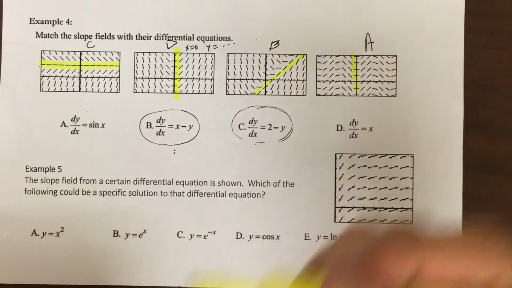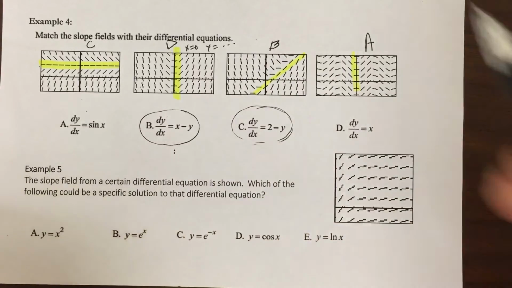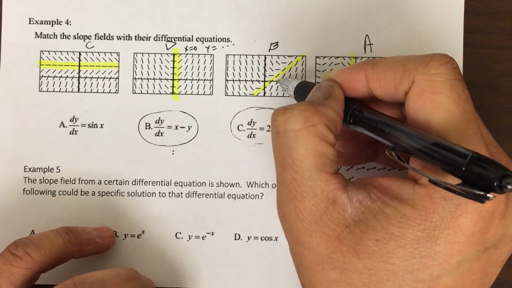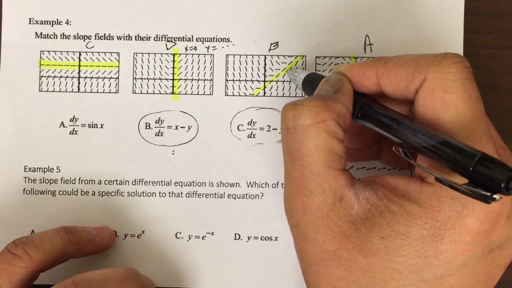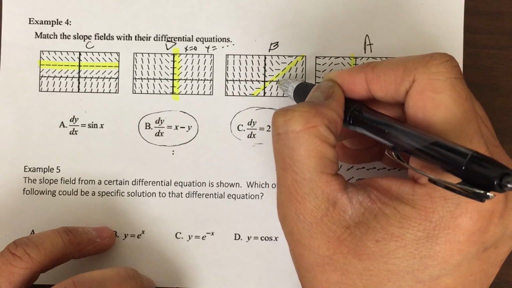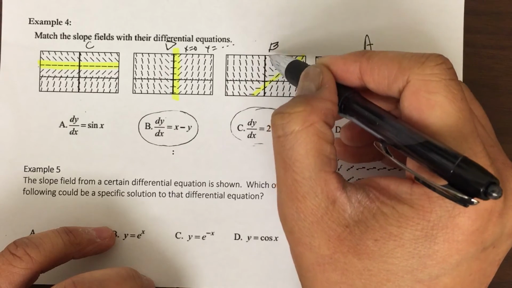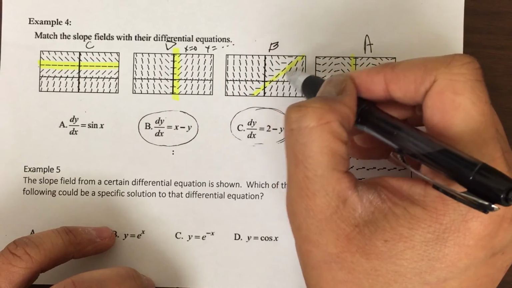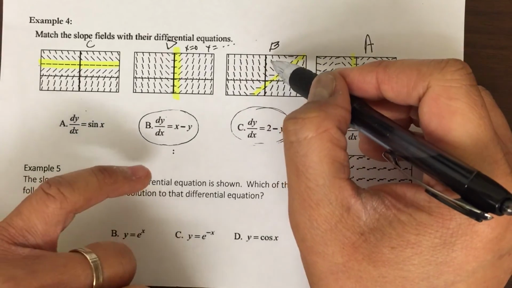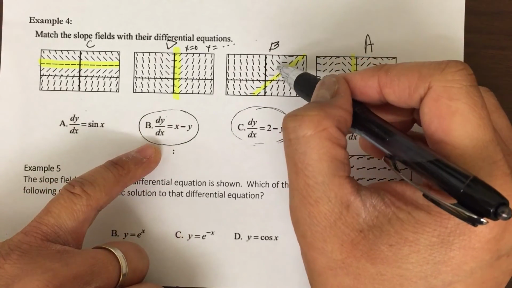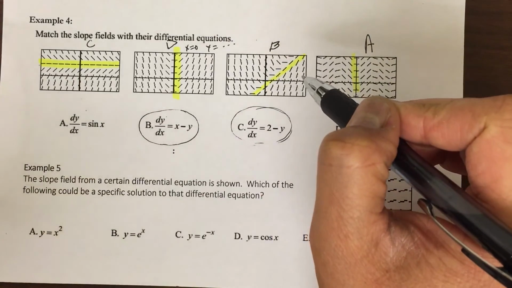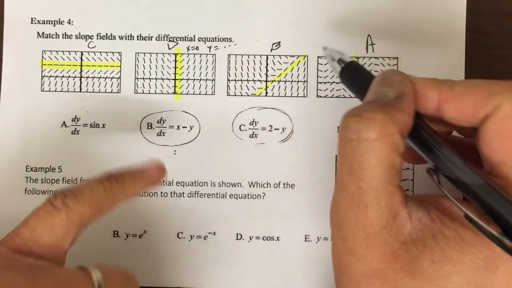These patterns tell you that these are the x and the y. As x changes, y also changes. If it gets hard to identify which one it belongs to, you can always take a few seconds to sketch a few slope fields and see if they match up correctly.